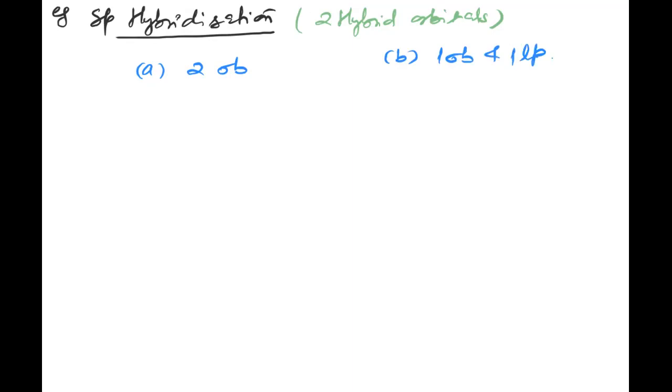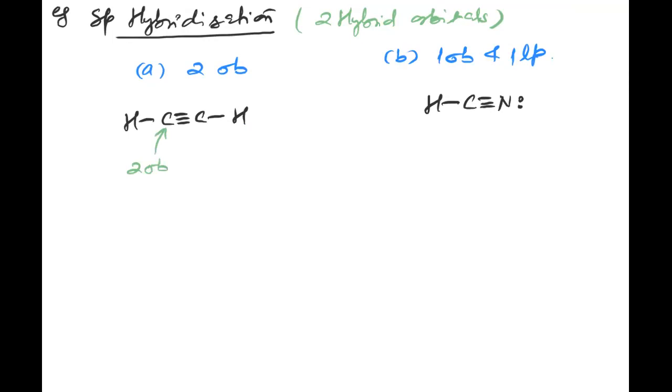For example, in the case of acetylene molecule, or in the case of hydrogen cyanide, this carbon is just forming 2 sigma bond and 2 pi bond.